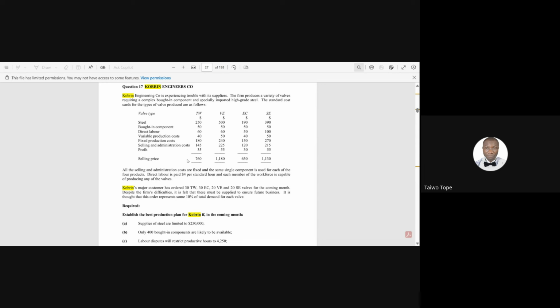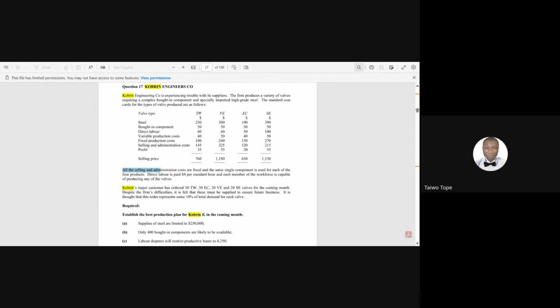The selling price 760, 1180, 630, 1130 respectively for each of the products. Somebody seeing this question for the first time will be imagining, what is this again? It's not something to worry about. It's what you can summon. Now, let's still take note of a point here. Take note of this statement.